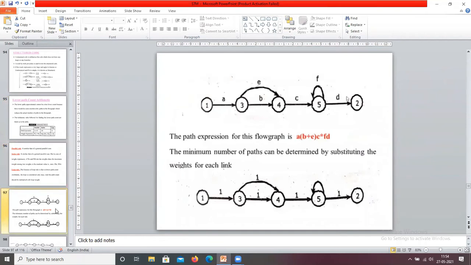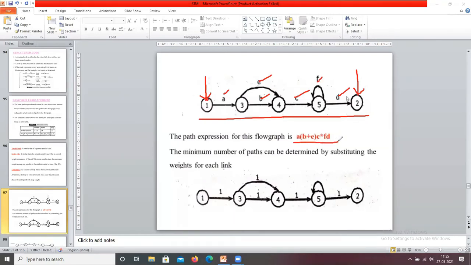So this is the example. This is the node, this is the flow graph, with nodes 1, 3, 4, 5, 6. This is the entry node and this is the exit node. These are the links A, B, C, D, E, F. So what is the path expression for this?